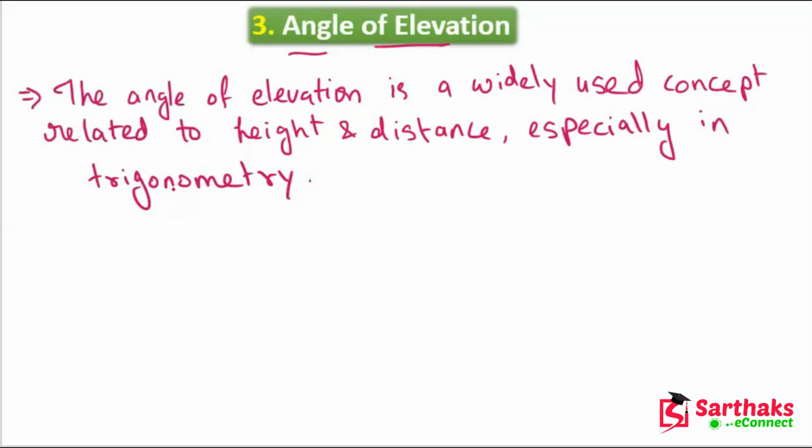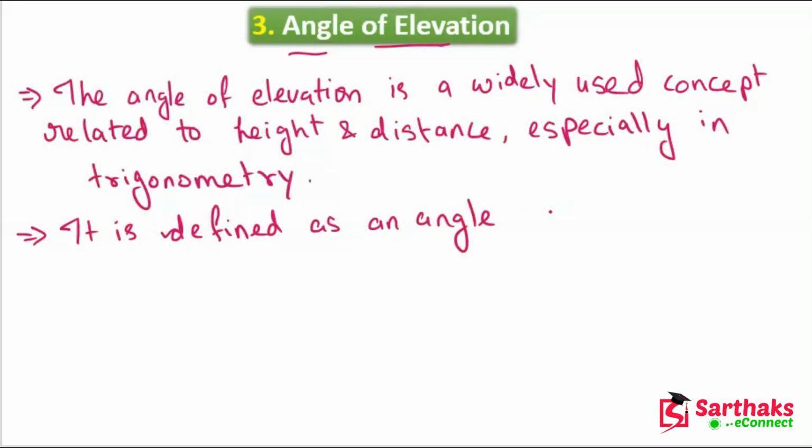So it is defined as the angle between the horizontal plane and the oblique line from the observer's eye to some object above his eye.